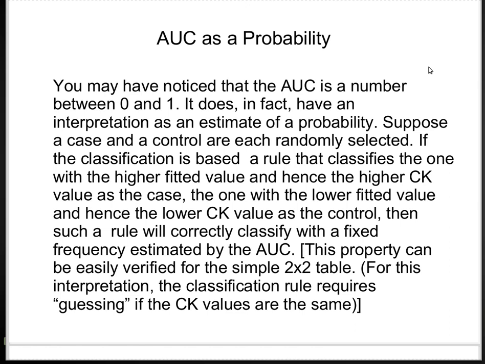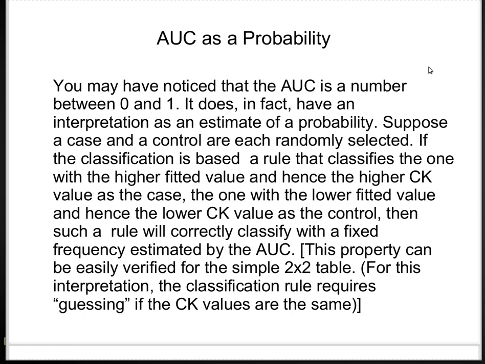Now, I'm not going to spend too much time on the logistics behind the interpretation of AUC as a probability. It provides us with the ingredients for seeing the AUC as a probability.